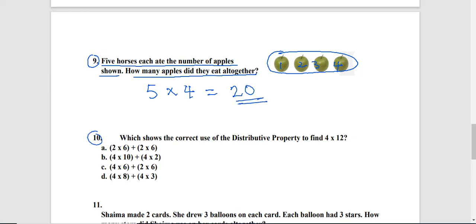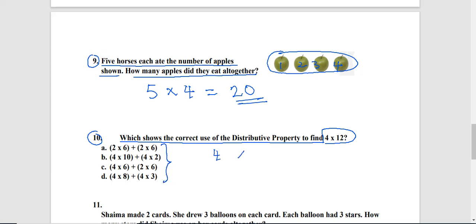Question number 10. Which shows the correct use of the distributive property to find 4 multiplied by 12? Remember the distributive property. So we have to examine all the options.